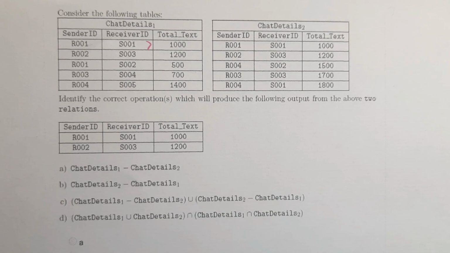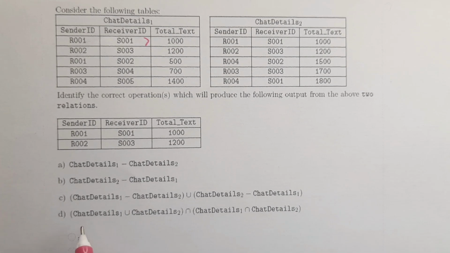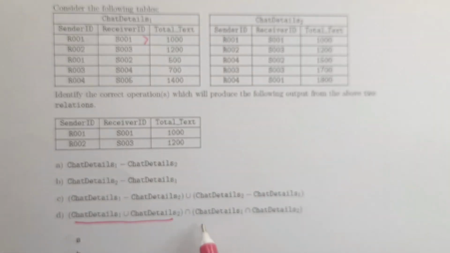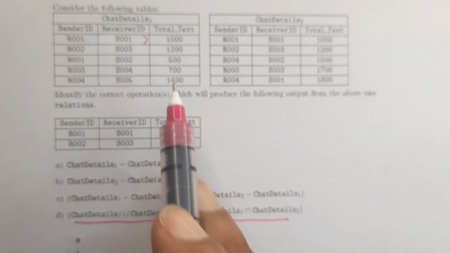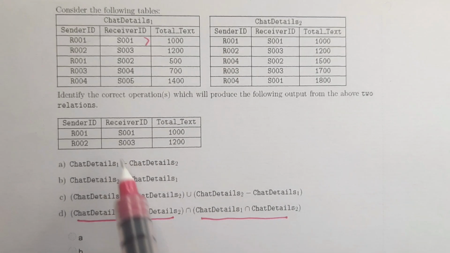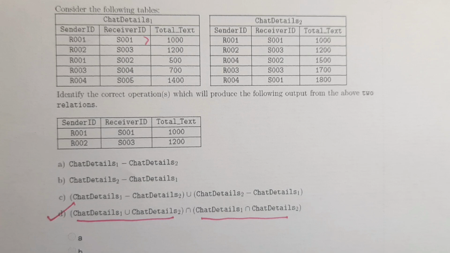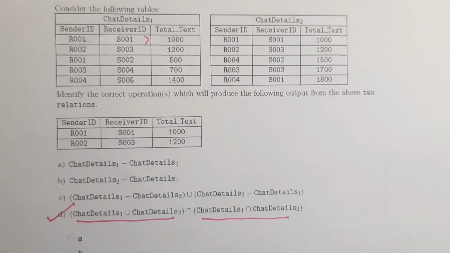So the correct answer for this question is, first if you do union between these two as well as intersection of these two, then finally you get this answer when you give the intersection for this one and this one. This is the correct answer.